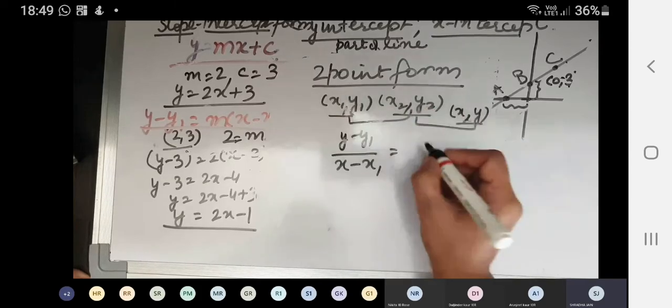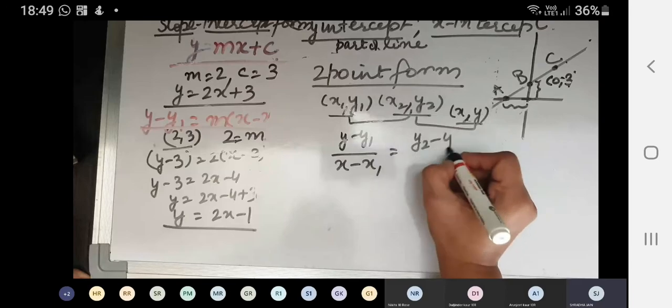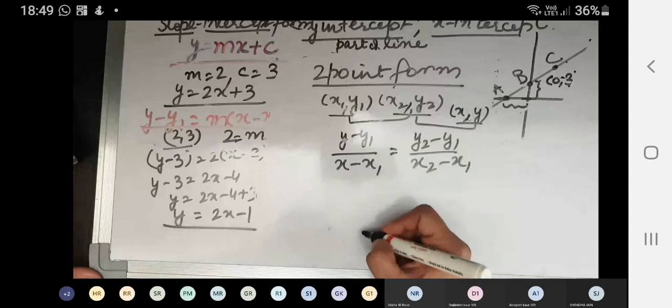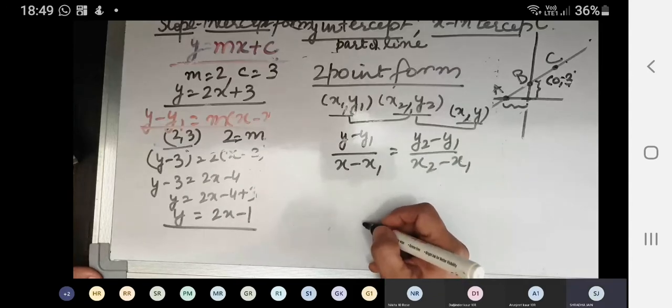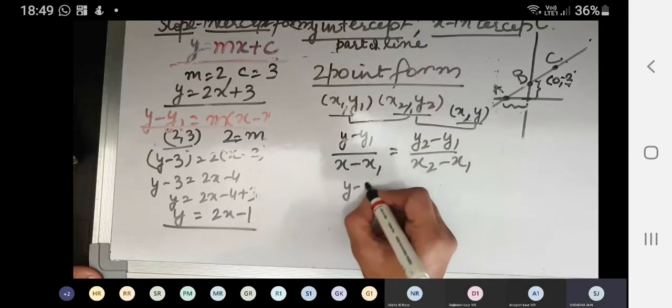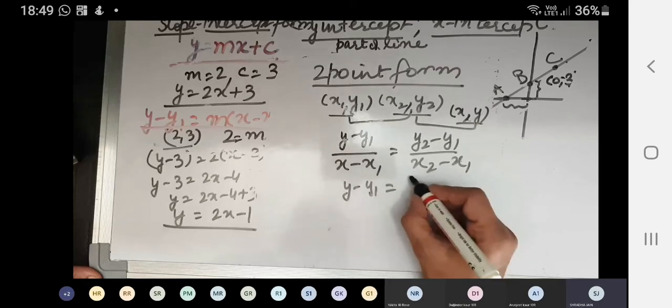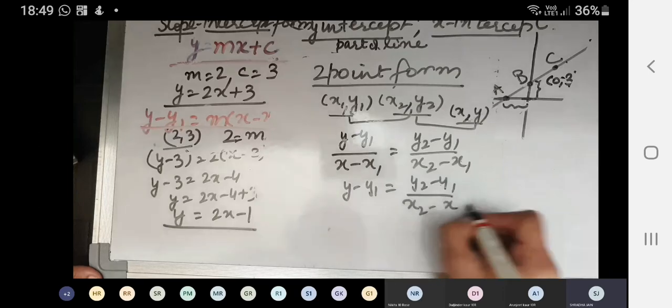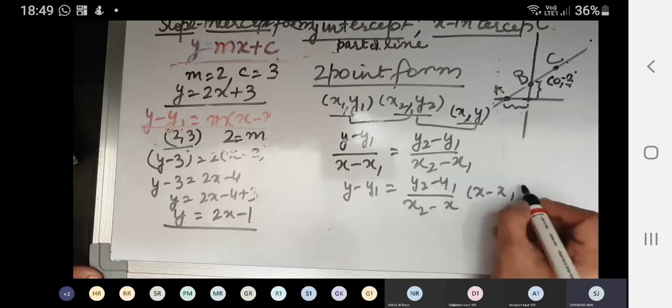With these two, y2 minus y1 upon x2 minus x1. Or y minus y1 is equal to y2 minus y1 upon x2 minus x1 into x minus x1.